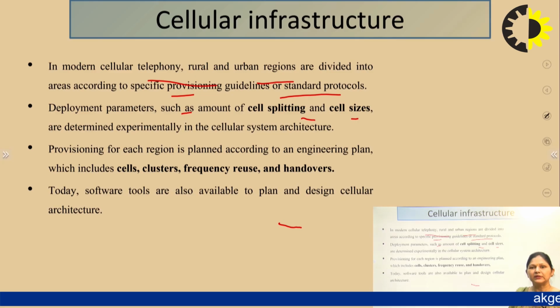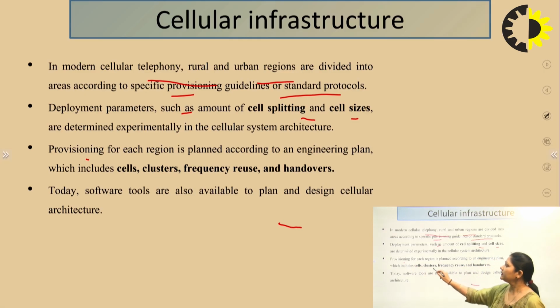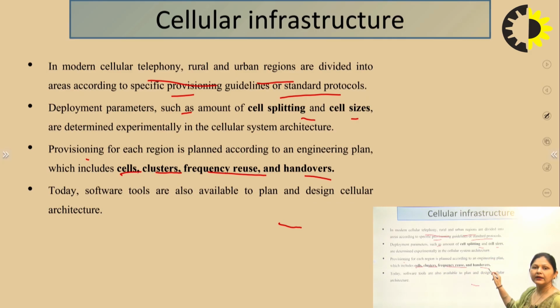If the number of users increases, then there is the concept of cell splitting, or we can decrease the size of the cells so that the same frequency can be used in a small area, and we can have frequency reuse of all these frequencies at other places also, which are far away from the place where it is currently being used. Provisioning of each region is planned according to the engineering plan, which includes cells, clusters, frequency reuse, and handovers. These are the important concepts in cellular technology.